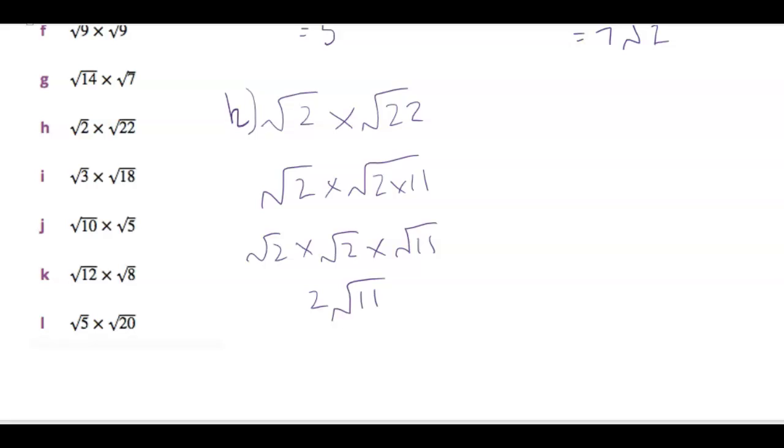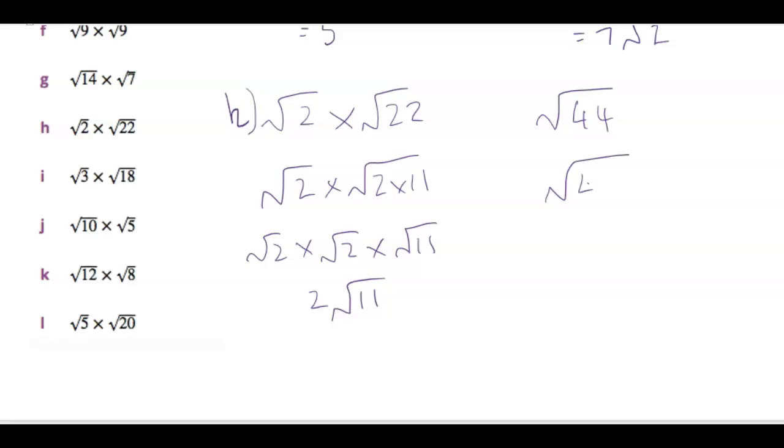Now, if you wanted to do it the other way, you're thinking, why didn't we do the square root of 44? There's nothing wrong with doing that. You'll see in a sec how we'll get the same answer. So that 44 has just come from 2 times 22, so the square root of 44. And then we need to simplify that because the square root of 44 can be simplified because the number 4 is a factor.